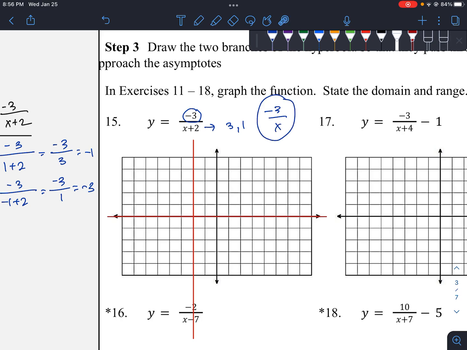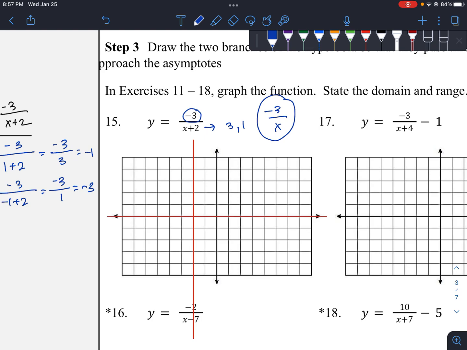So say that I didn't have a shift. If we think about this function right here, it's negative, so the branches are going to be top left and bottom right, and 3 over x would be left 1 and up 3.